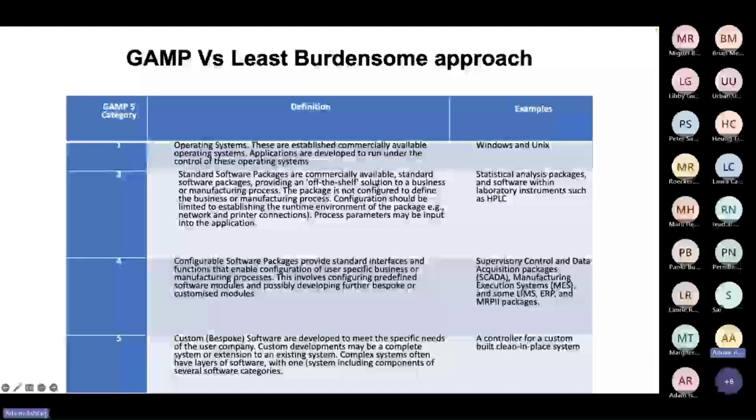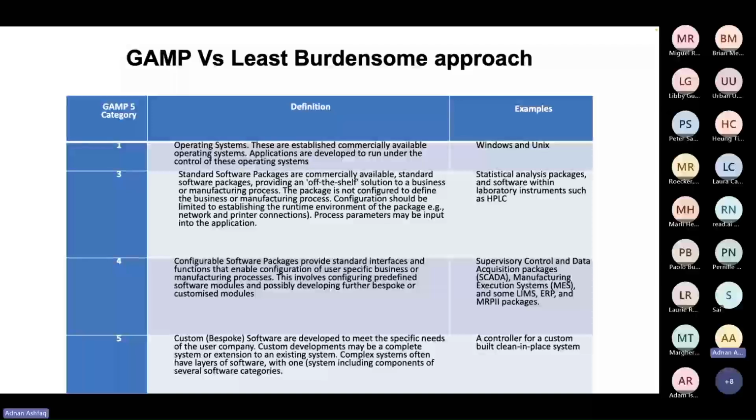So I'm going to now look at GAMP. So GAMP versus a least burdensome approach, because if anybody's familiar with GAMP, it can be a very, very onerous process. And I've had lots of organizations completely scared away by looking at validation because of the amount of paperwork involved, because of the requirements of GAMP. Now, GAMP is good automated manufacturing practice, and they typically have these 4 different categories.